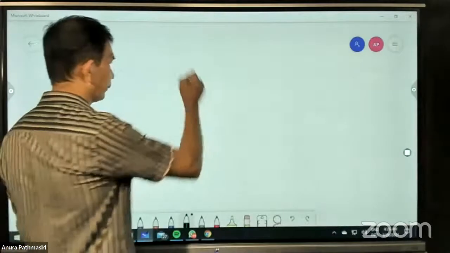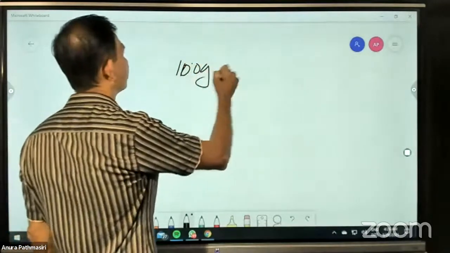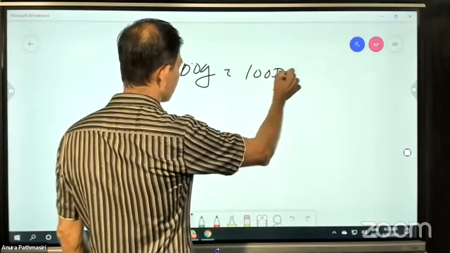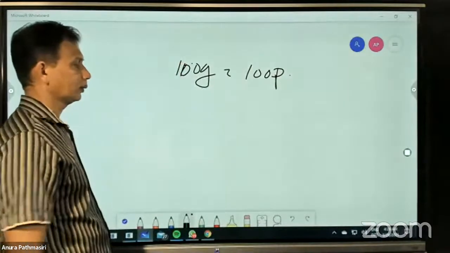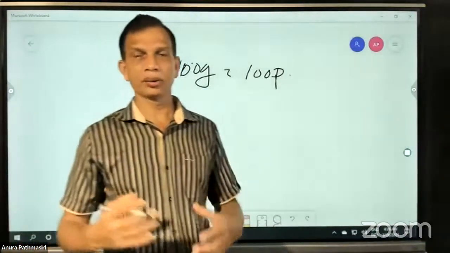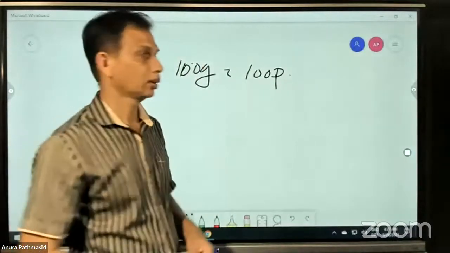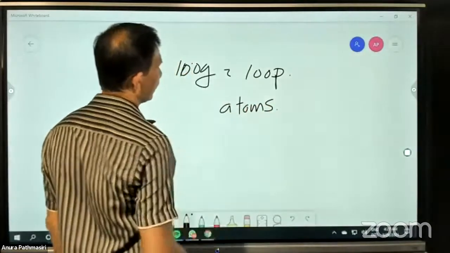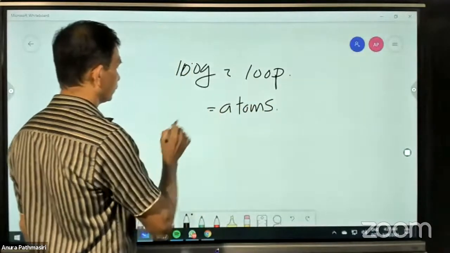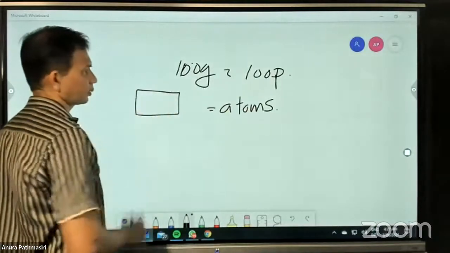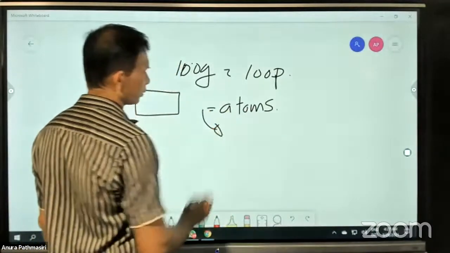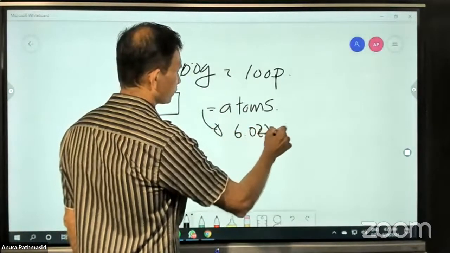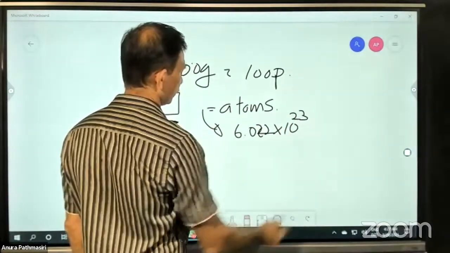If you can have 100 gram of papers, you can have 100 papers, something like that. Avogadro could find out that the number of atoms available in a certain fixed mass is 6.022 times 10 to the power 23.